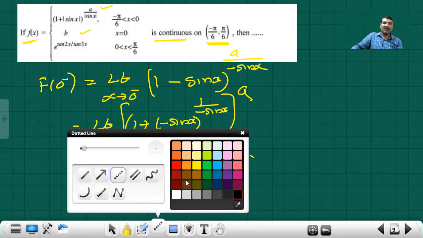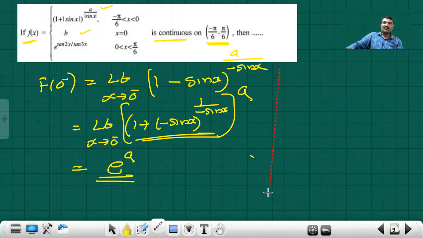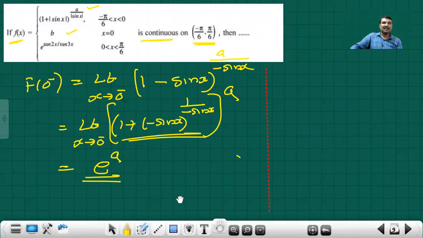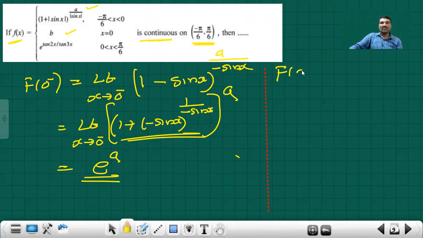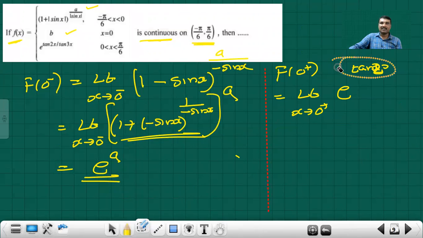Now we can evaluate the right hand limit. F of 0 plus is equal to limit x tends to 0 plus e raised to tan 2x divided by tan 3x.